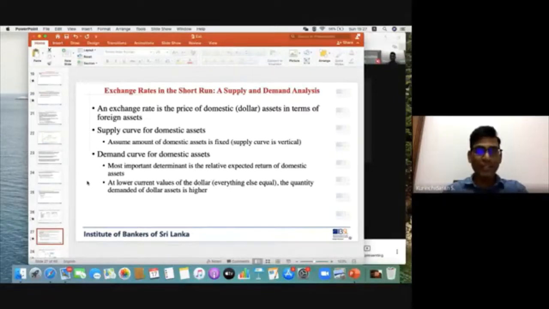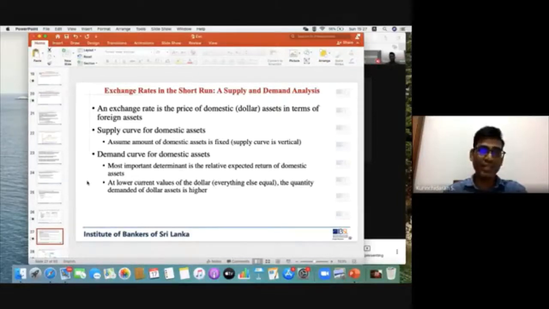An exchange rate is the price of domestic assets in terms of foreign assets. So earlier I said the exchange rate is the price of one currency in terms of another currency. Now here it's more clearly stated: the price of domestic assets in terms of foreign assets.